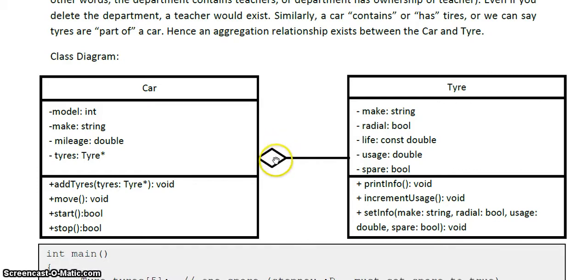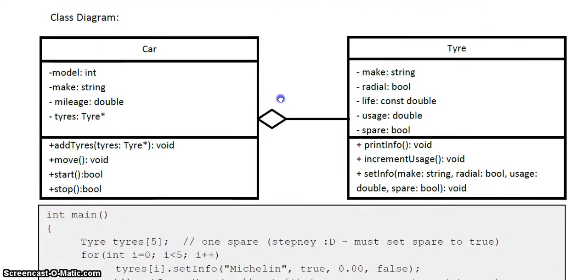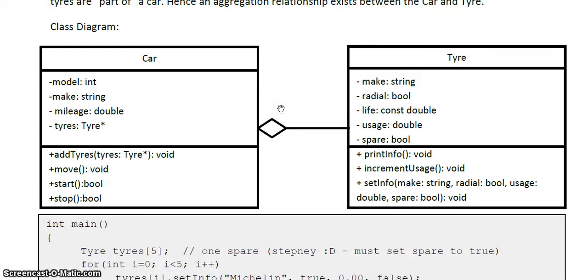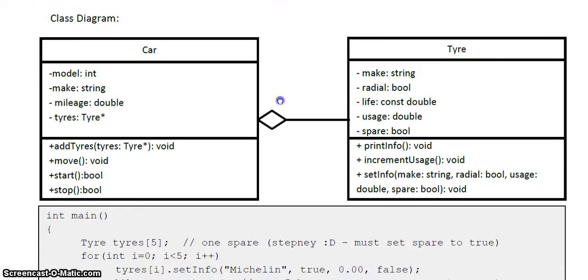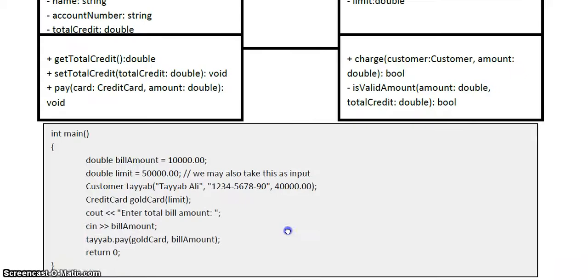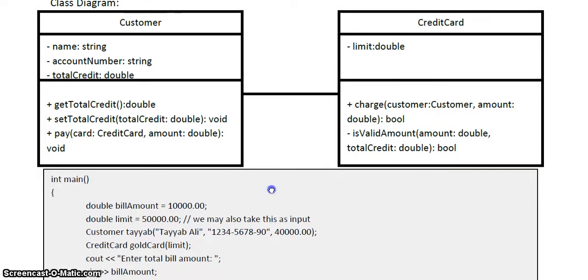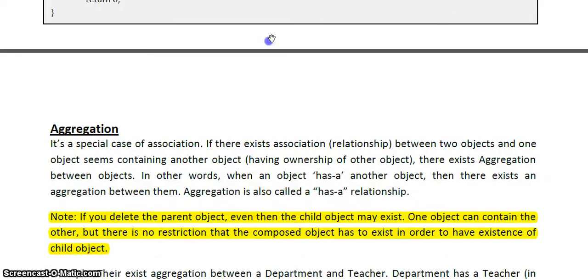And these diamonds should be drawn with the parent object or class, or simply the composite class. Similarly, in association, since there is no parent-child or composite-component relationship, there is no diamond in association.